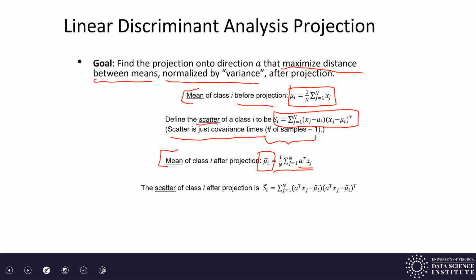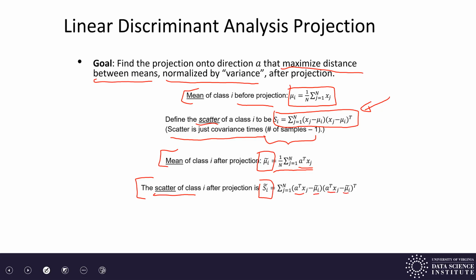This little tilde on top of a letter means that's the value for that object after it's been projected. And here we have the scatter after projection, S_i with a tilde. The tilde on top means we're doing it after projection. We just look at the formula for S, but we've projected each of the terms inside.